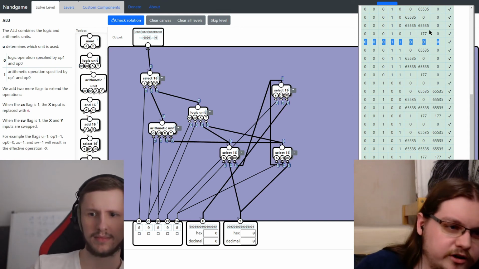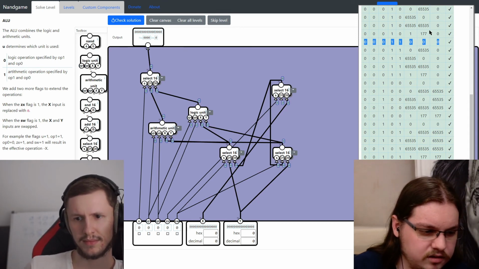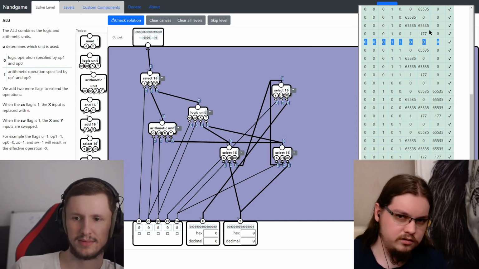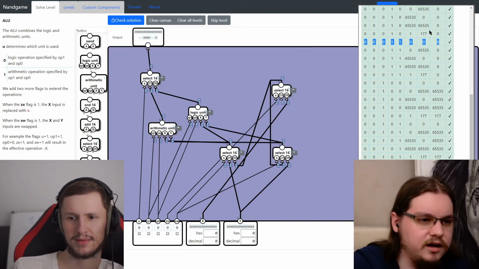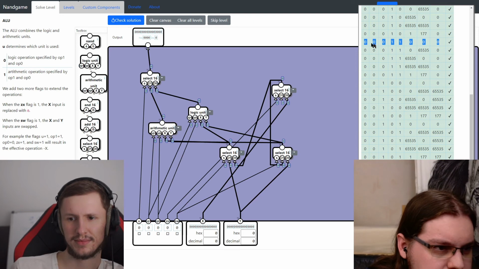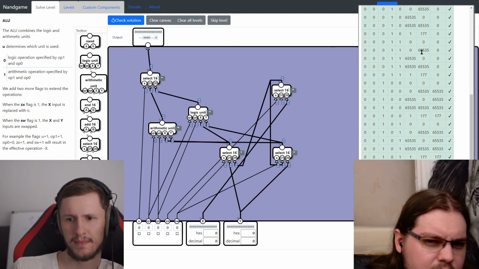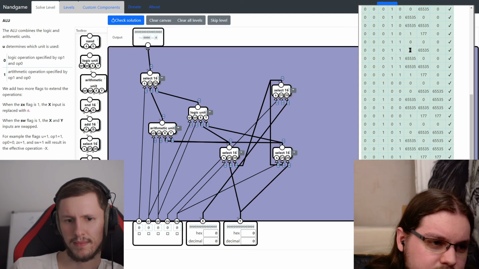This has both as 1 as well. It probably doesn't matter if both inputs are 0. Oh, because the input is 0, yes. But in this one, Y is equal to this. Oh, this is probably an OR. It's probably an AND, right? So it doesn't matter if this is 0 or 1, because this is 0.